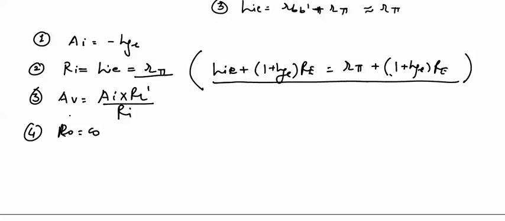Now, as we have discussed, the junction capacitances affect the operation of the transistor at high frequency. So now we'll draw the variation of current gain versus frequency.